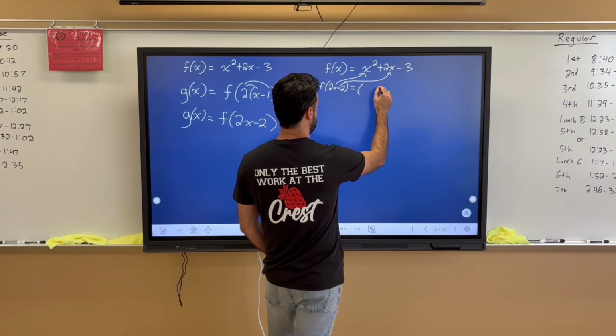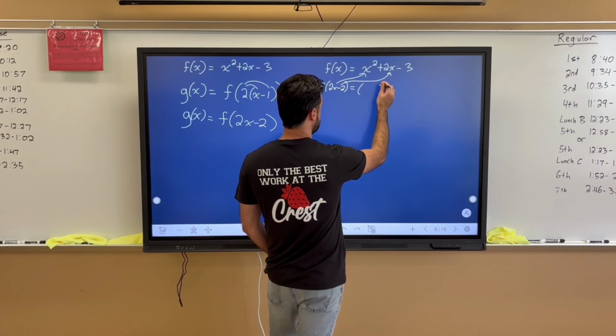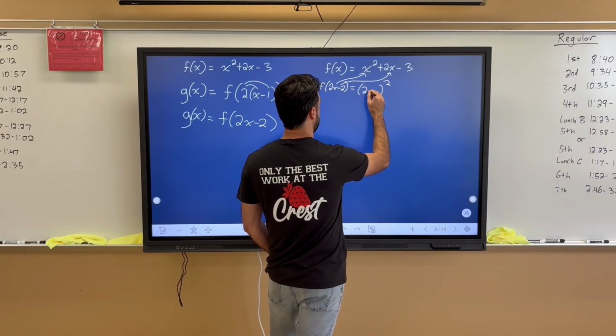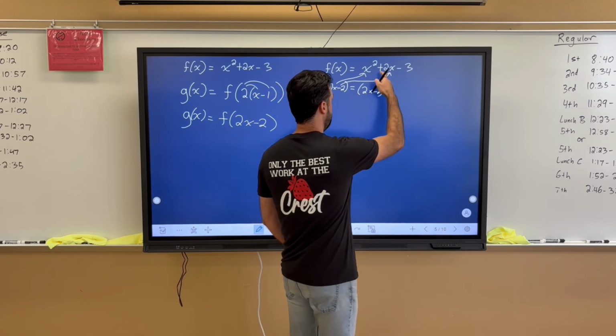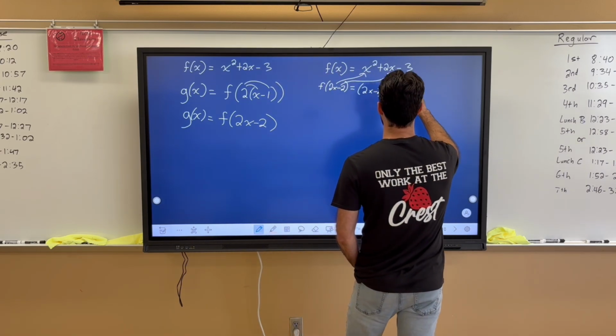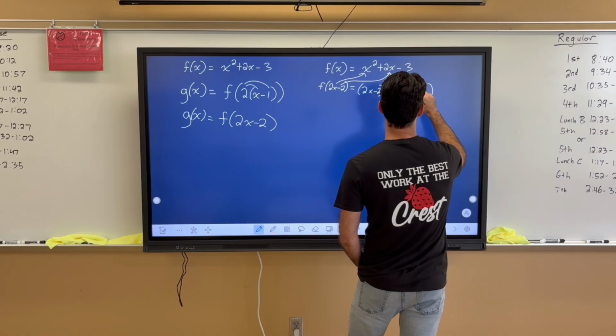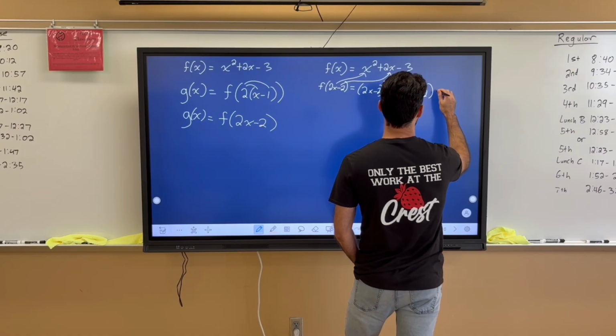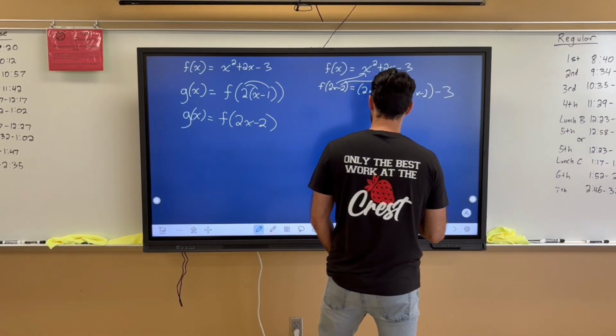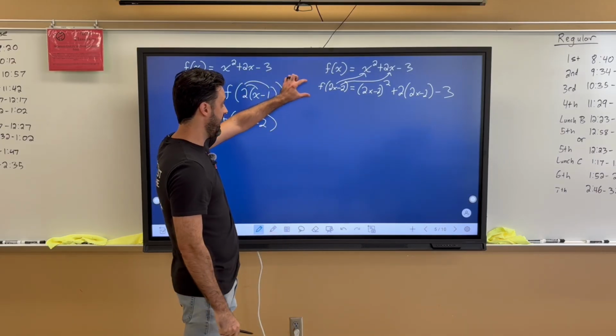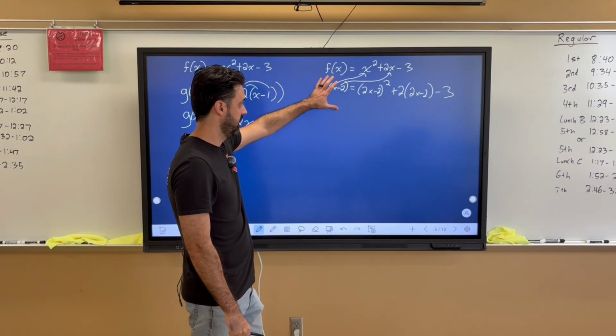And so now it says this, where there was an x squared, now it's a 2x minus 2 squared. And where it was a 2x, now it's a 2 times 2x minus 2, and then we have that minus 3 at the end. So this is f of 2x minus 2.